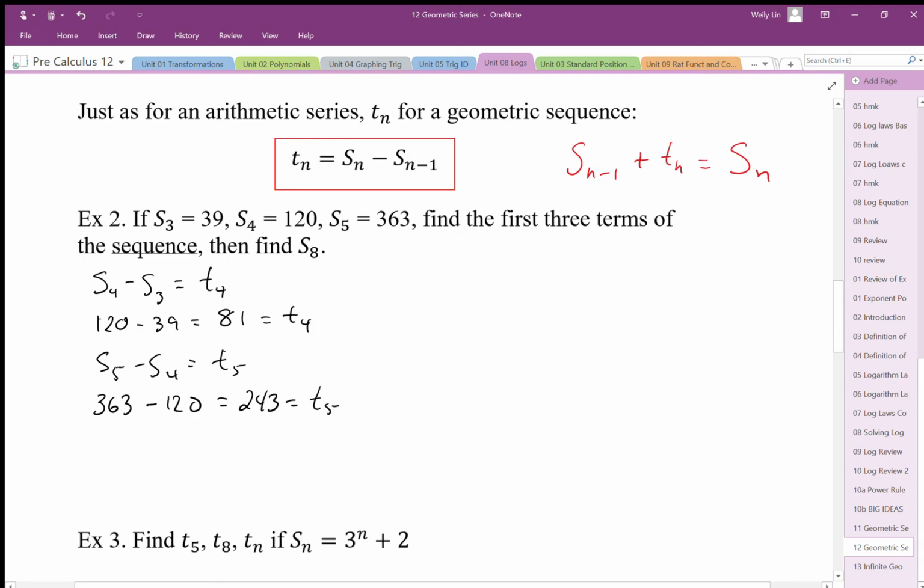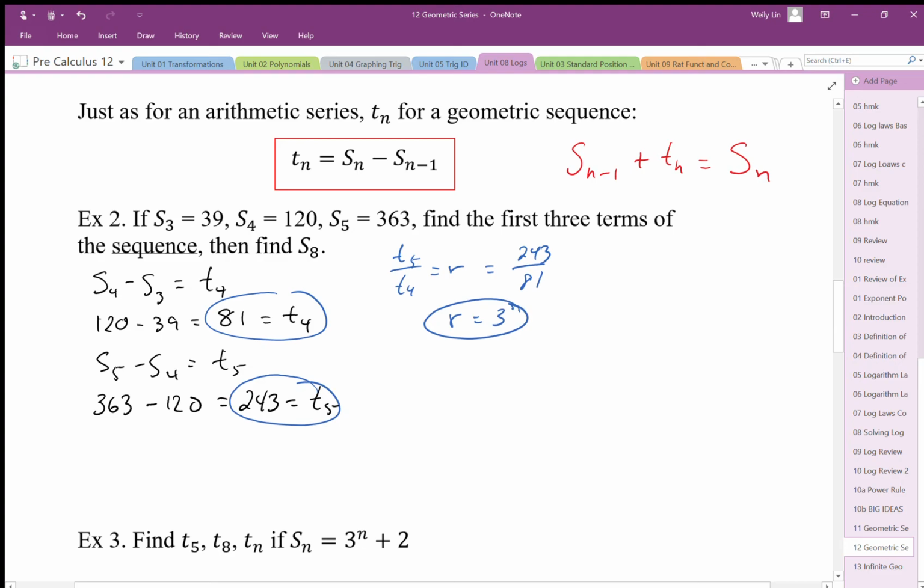Now notice that I have consecutive T terms. If I have consecutive T terms in a geometric series, I know that T5 over T4 is going to give me R. So 243 over 81 gives me an R value of 3.